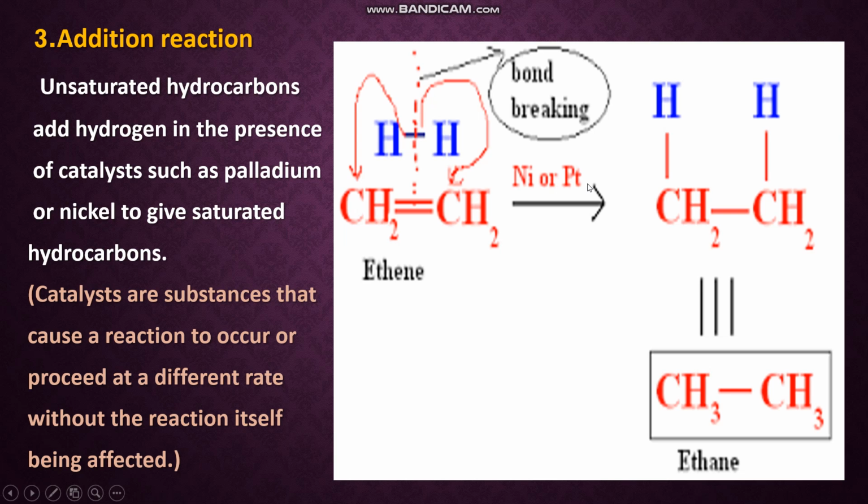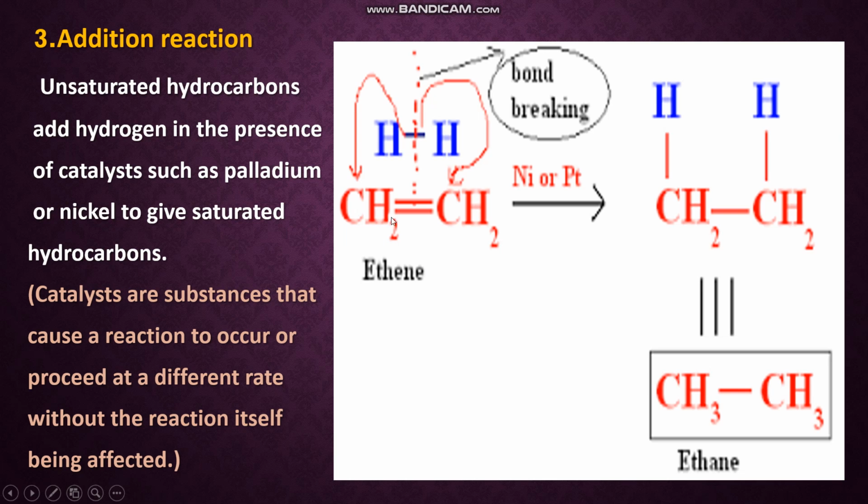Or it can be in the presence of palladium also, whose symbol is Pd, capital P, small d. So what do we get now? Ethane, CH3 and CH3: C is attached to 3 hydrogens, and the other C is attached to 3 hydrogens, so this can also be written as CH3, a single bond, CH3.